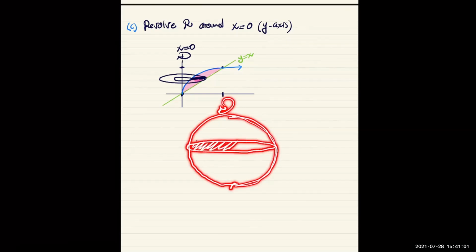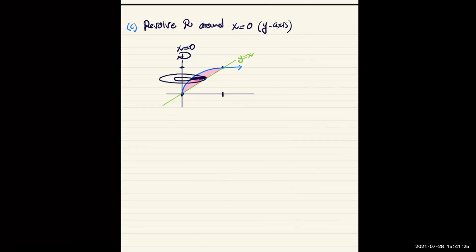Okay, I take horizontal slices like that. So that's what we are doing here. And if you want to find the volume of the sphere like that, you can just find the volume of each of these cylindrical discs and add them all up, do an integral. That's what we are doing here.